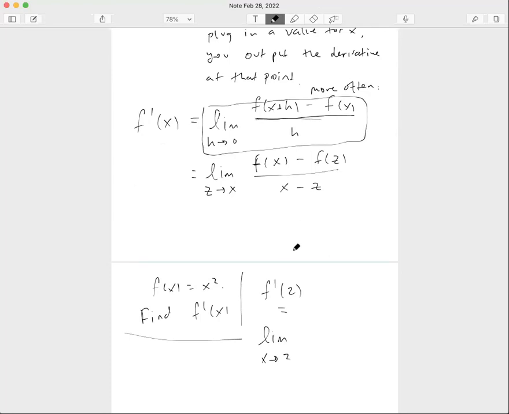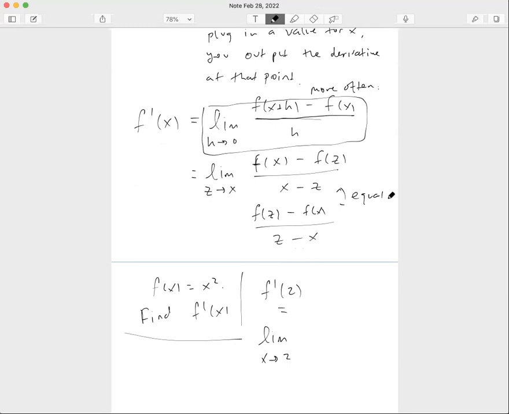Oh yeah, if I did f of z minus f of x over z minus x, they're equal, right? That's fine. To see why, all you're really doing is multiplying numerator and denominator by -1, so it's the same thing.